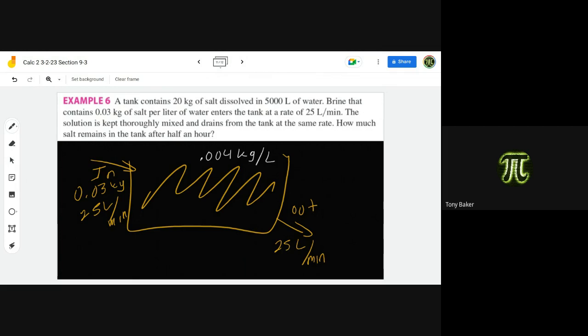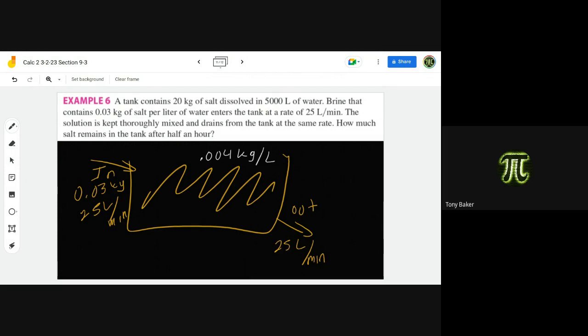Let me clarify: this water right here is 0.004 kilograms per liter of salt, because I divided the 20 kilograms by the 5,000 liters. I'm putting in 0.03, so my salt content's going up.